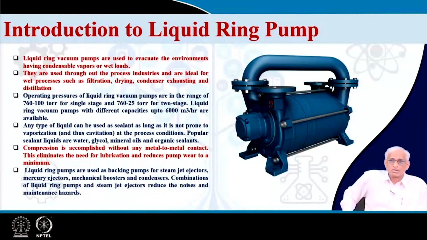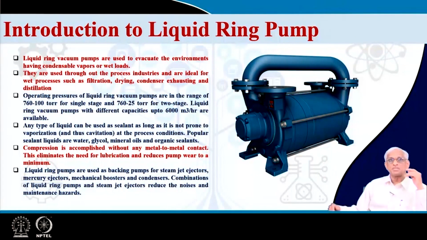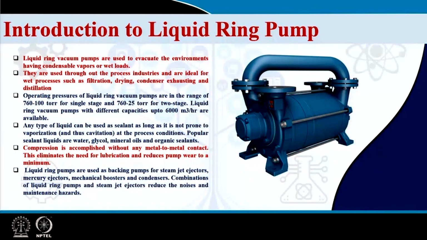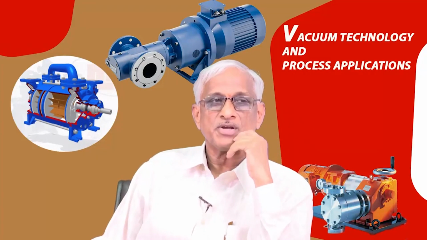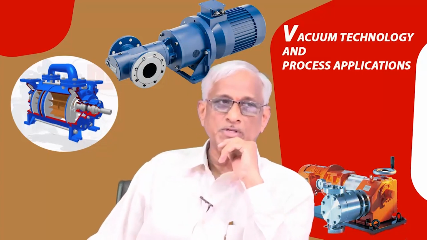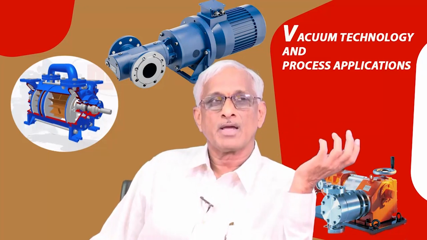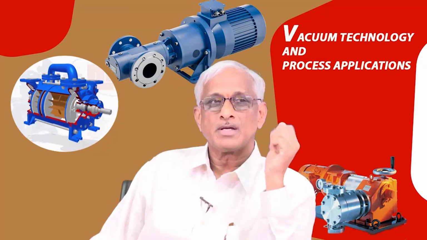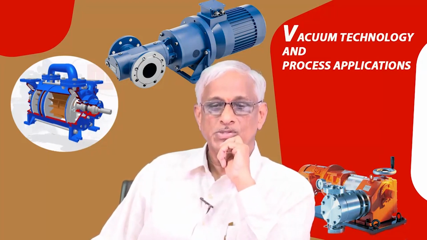They are all regularly being used in various process industries like filtration, drying operations, in very large scale industrial operations, not a fine scale in a laboratory, very large scale, like condenser exhausting in electrical plants, distillations, drying chambers, mostly for evacuating even suspended particles, not necessarily only air molecules.